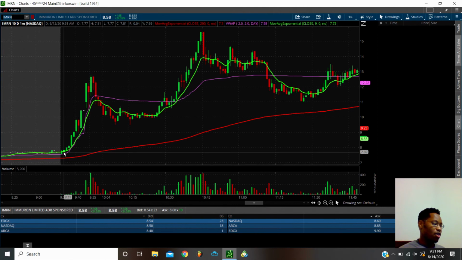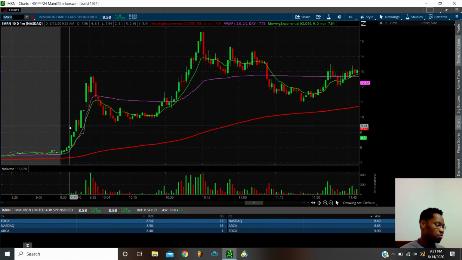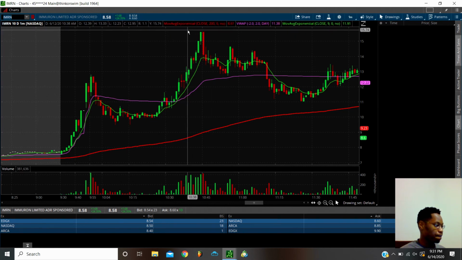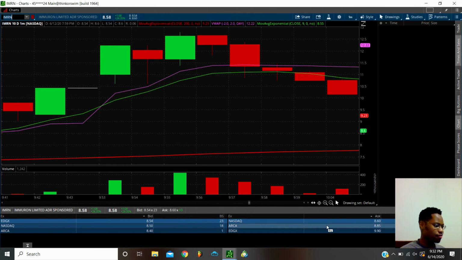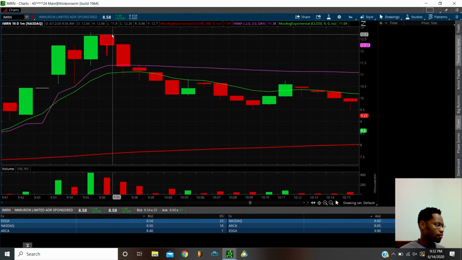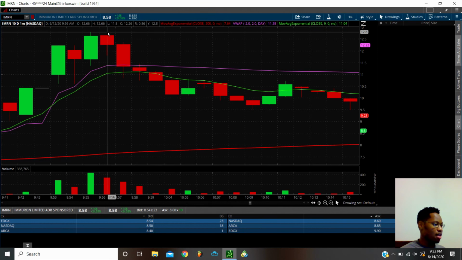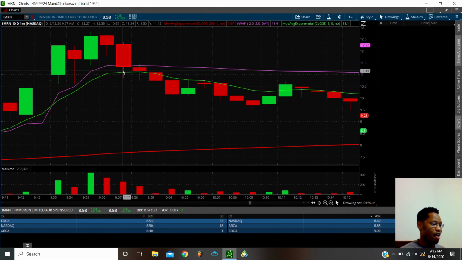These stocks move up quickly, but they also move down quickly. So let's take a look at these two scenarios here. It hit a high of, let's say, $13, but it dropped a point and a half, 2 points very quickly. And think about that.